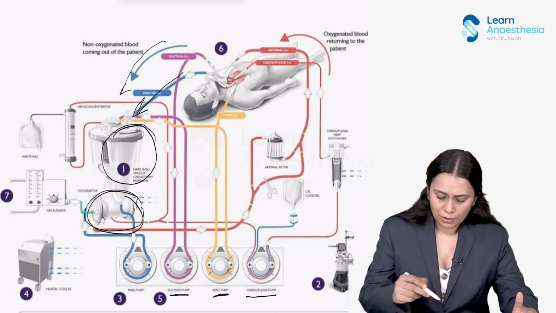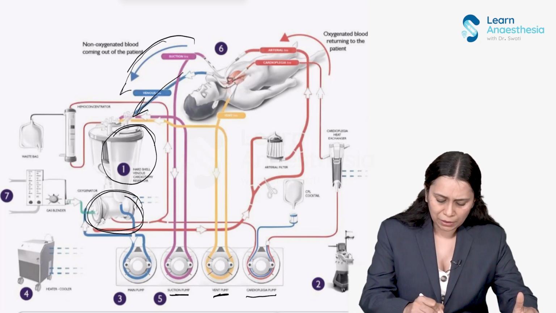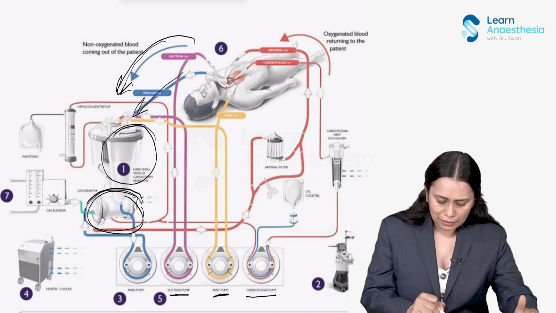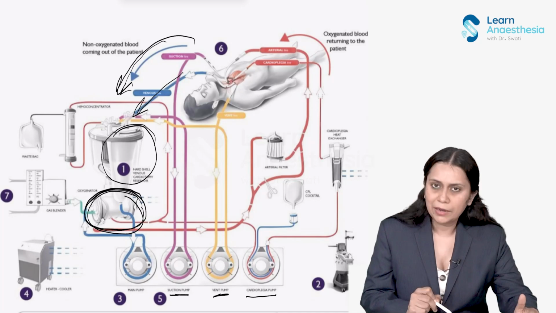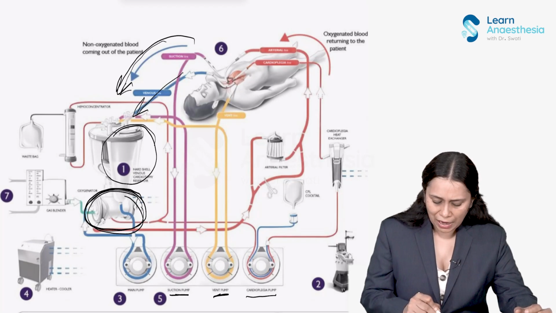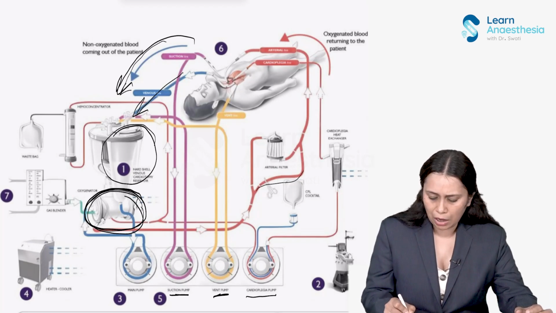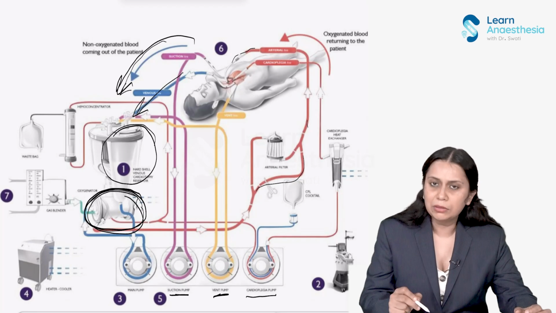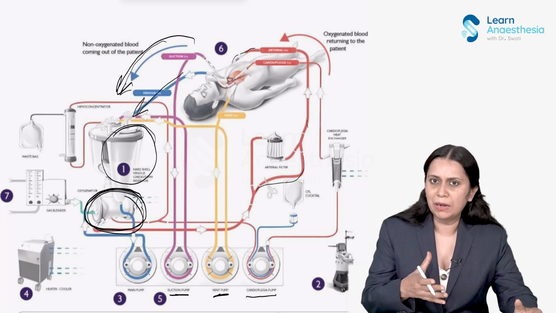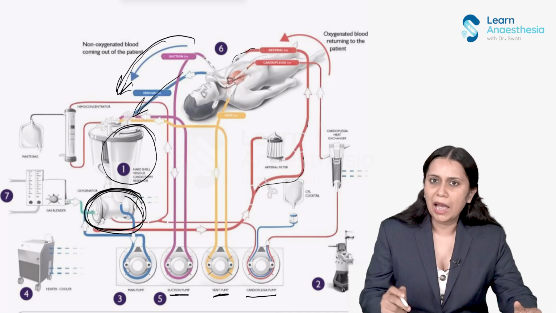So as I told you, the deoxygenated blood is collected in a reservoir, then the oxygenator exchanges, takes away the carbon dioxide, and gives oxygen, and that blood is returned through the aortic cannula. So through the venous cannula, the blood is collected, and through the aortic cannula, it goes back to the body.